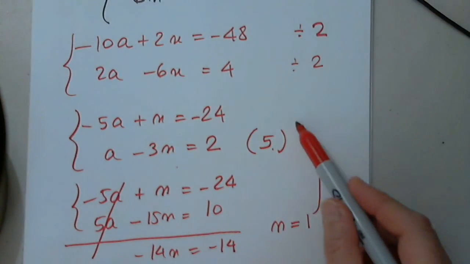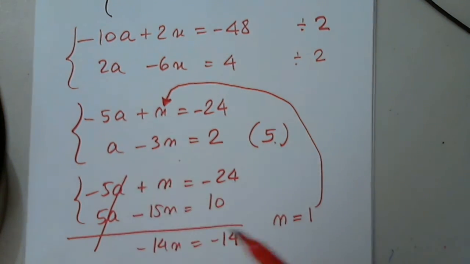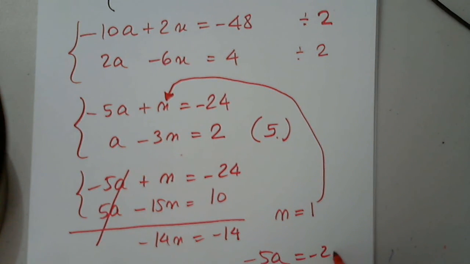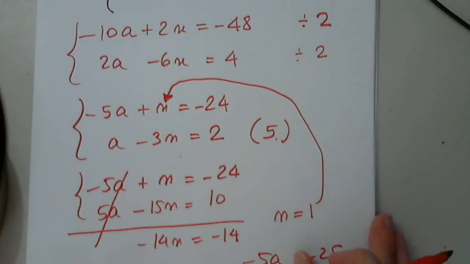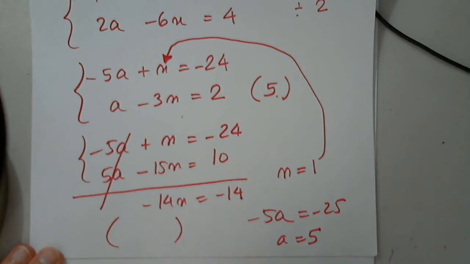If n equals 1, negative 5a equals negative 25. So a equals 5. So I'm happy I found the point. The point is, remember a is the first variable, so 5 comma 1. Is this a max or a min? I don't know. They're saying it's a max. Find a max.